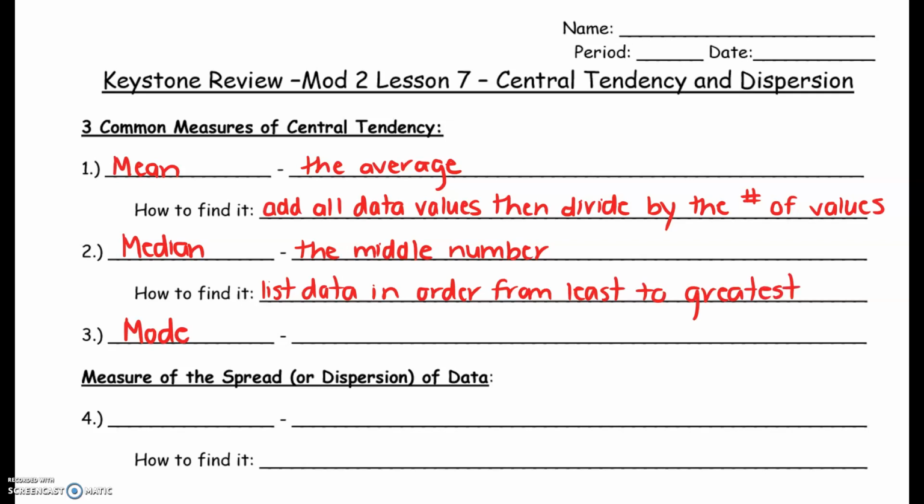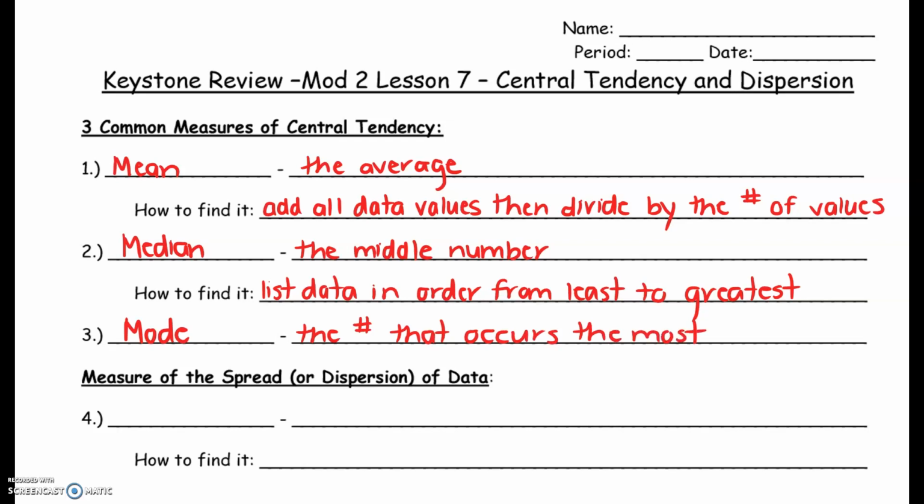Now, as far as the mode goes, the MO helps us remember that the mode is the number that occurs the most. There's not really any specific way that we have to find the mode.